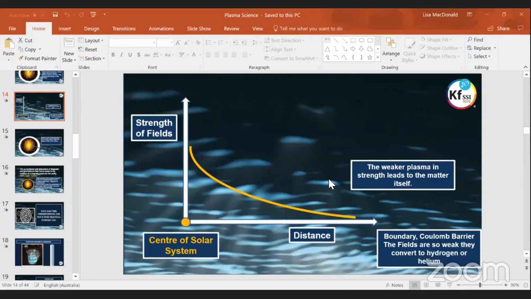Thank you. What one has to understand is that each plasma is different. You've got the plasma of the solar system, and you've got the plasma of Earth, and you've got the plasma of the body. Each one is in a different environment, because the solar system is within the galaxy, the magnetic gravitational field of the galaxy.